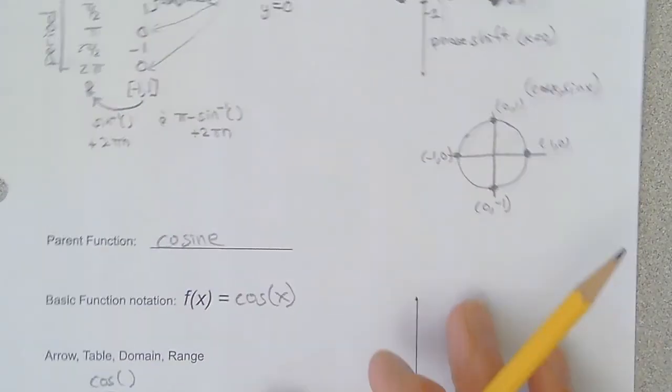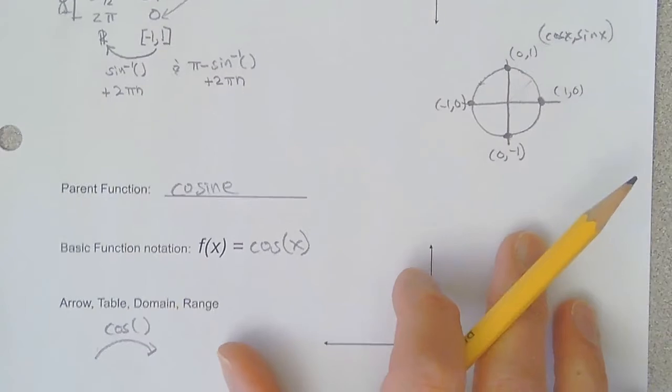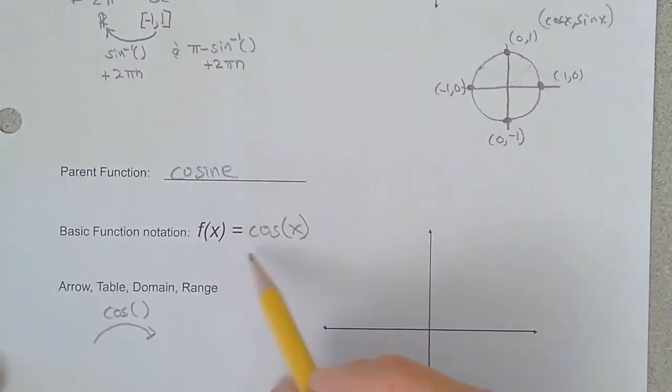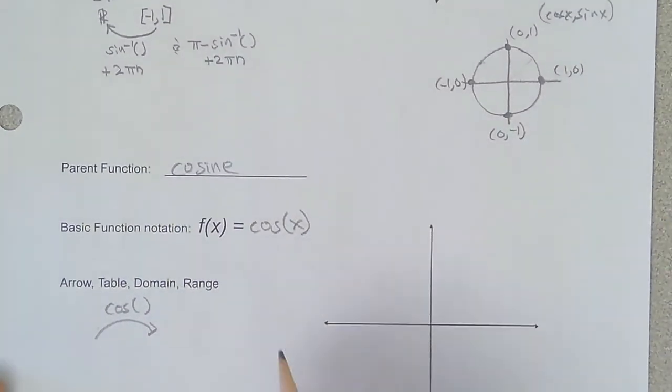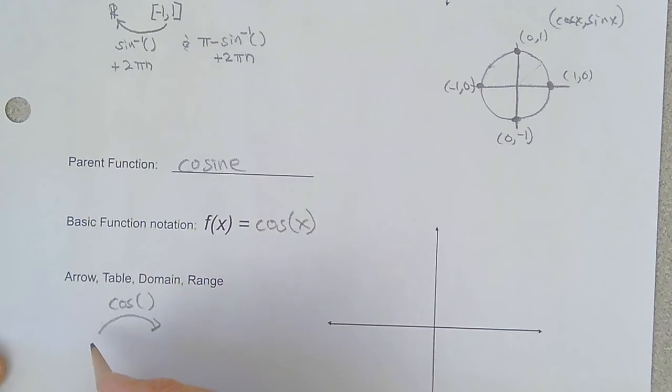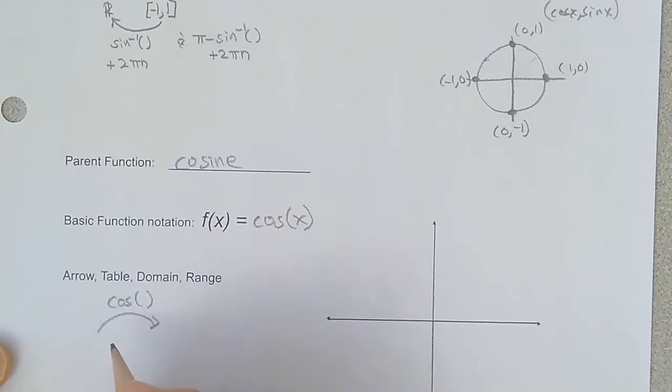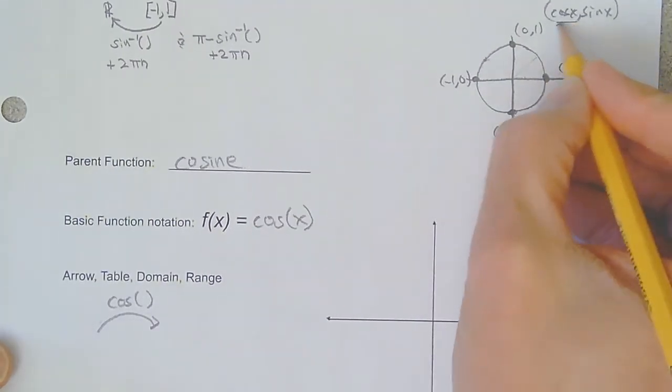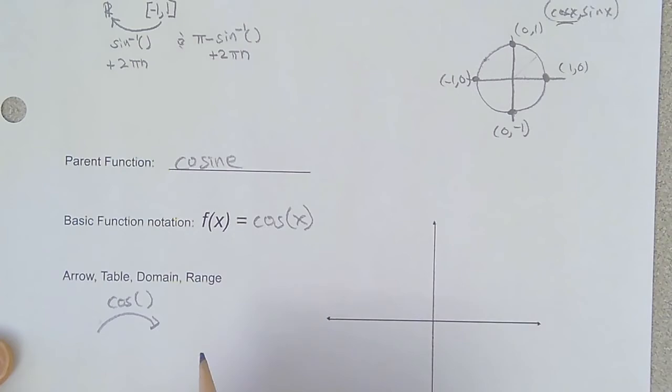All right, so the cosine parent function, cosine x, the arrow starts the same. We're still changing angles into, now though, x-coordinates, because the cosine function is the x-coordinate of those points on the unit circle. So still the key angles of 0, pi over 2, pi, 3 pi over 2, and 2 pi.